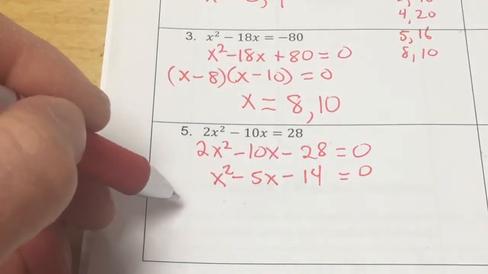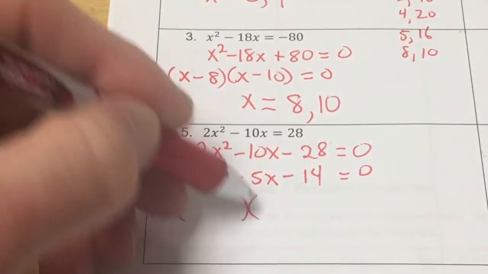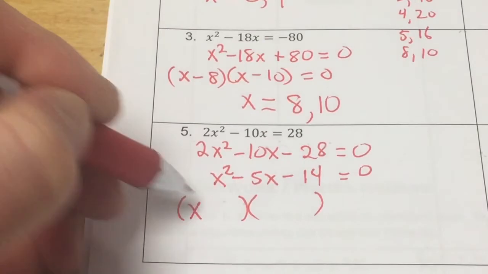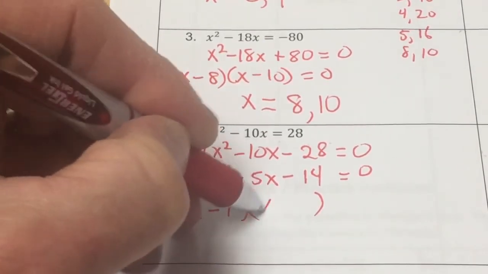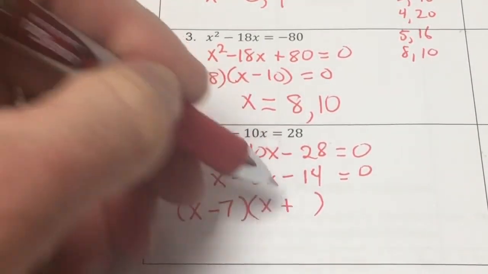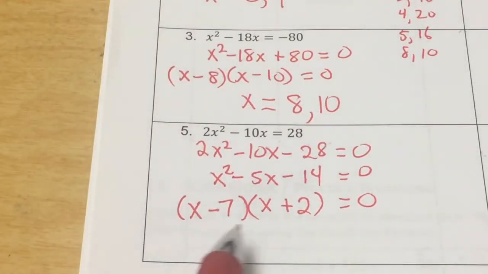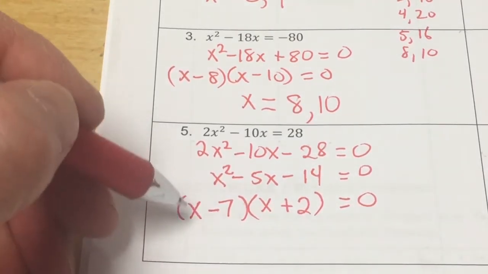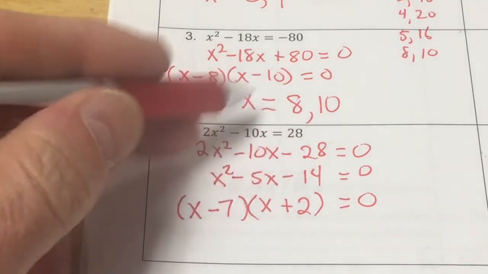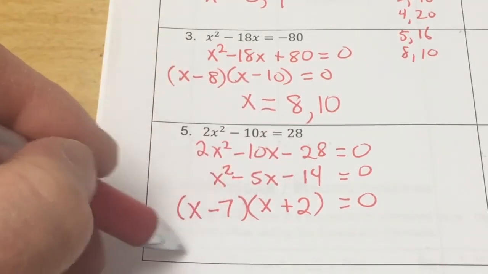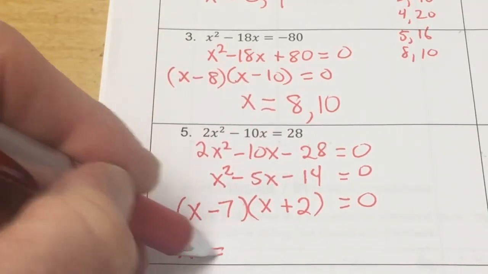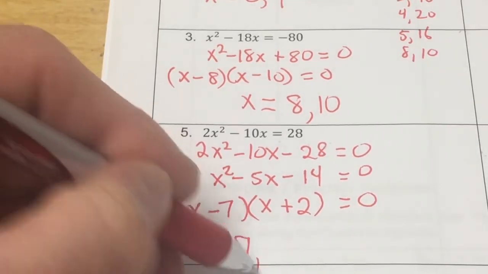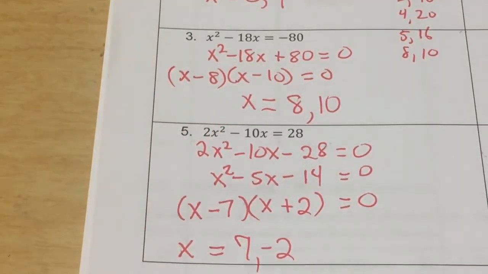Now, from there, we can see that it looks like we will be able to do minus 7 and plus 2 as our factors, because negative 7 plus 2 is negative 5, negative 7 times 2 is negative 14, and that makes those two factors, and our two solutions will be 7 and negative 2.